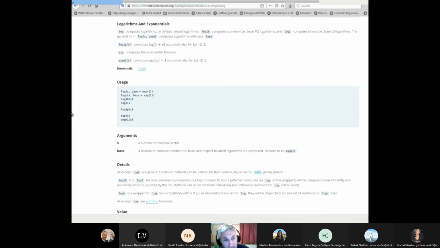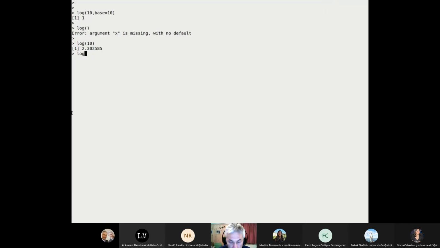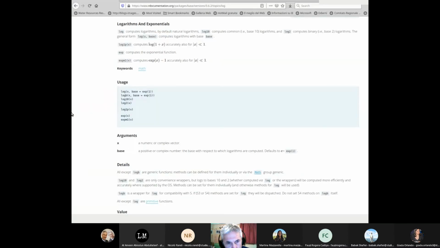From the help, I go back to the web page. I also see that there is another function called log10, which I could use. Let's try. Log10 of 10. 1. Very good. This is perfect. Now, this help could be found also here in R. What I found on the web is also embedded into R. How to find it?